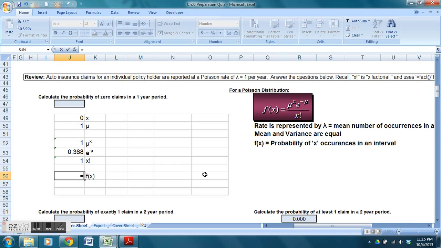And now we just want to plug and chug to get the probability, in this case, when x is 0. So, f of x equals mu to the x multiplied by e to the negative mu divided by x factorial. And again, this stuff right here is not going to be given to you on the quiz. Here's kind of your input section, and what's known.